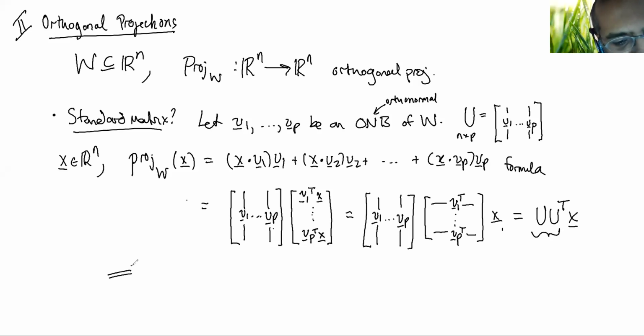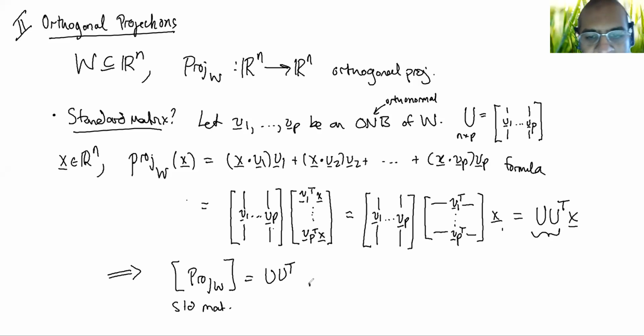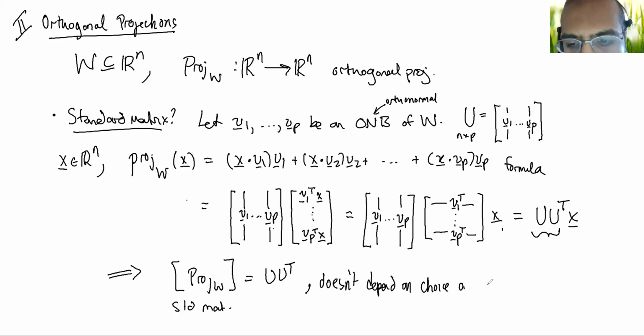So the conclusion is that the standard matrix of the projection is actually equal to UU transpose. And there's a funny thing about this, which is even though I used U to find this matrix, this matrix UU transpose that I get actually doesn't depend on the choice of U. Right?